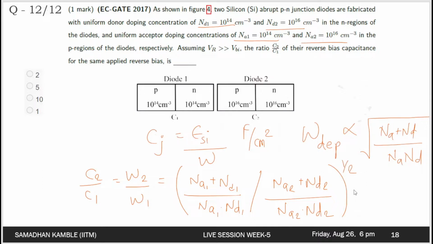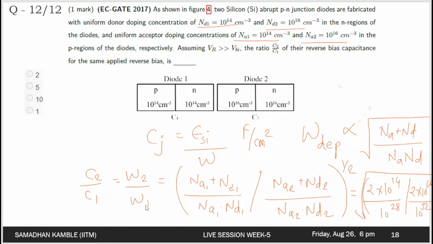So if you just substitute all these values of Na1, Nd1, Na2 and Nd2 given in the problem here, we can get the ratio of the junction capacitance. Let me just substitute it for you. So 2 times 10 to the power 14 divided by 10 to the power 28, divided by 2 times 10 to the power 16 divided by 10 to the power 32, and the whole is in the square root.